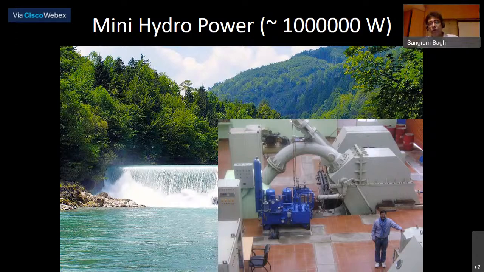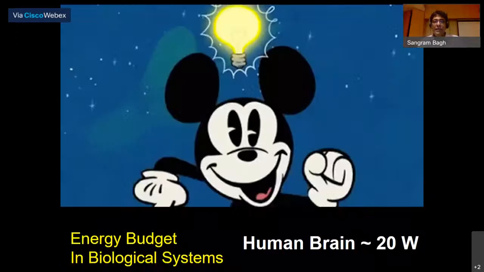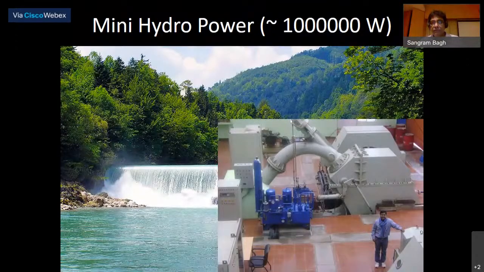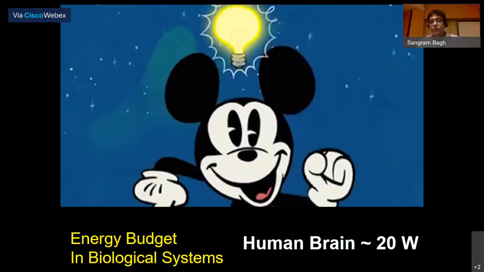However, when you think about the human brain, it takes only 20 watts. Compared to this 1 megawatt, just see, there are 6 zeros after the 1, that is the watts of a mini hydropower plant, compared to the human brain with only 20 watts doing all kinds of work.